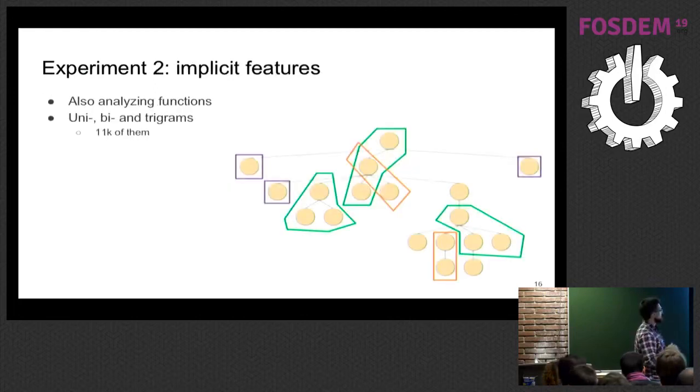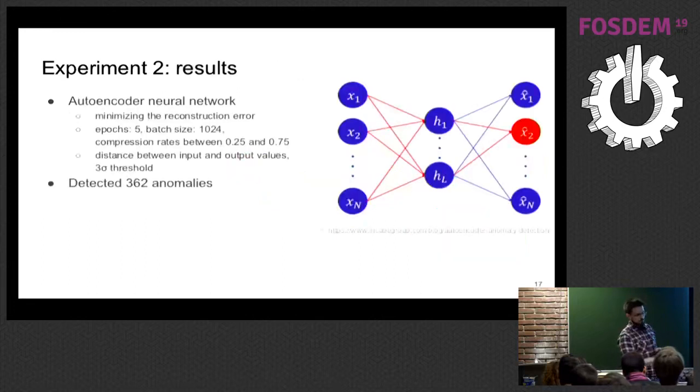Another experiment used implicit features. We used n-grams, namely uni, bi, and trigrams on the syntax tree. This simple image shows the bigrams and trigrams on the syntax tree, but the idea is quite similar to these path-based representations, but simpler. And we used an Auto-Encoder neural net to detect outliers here.